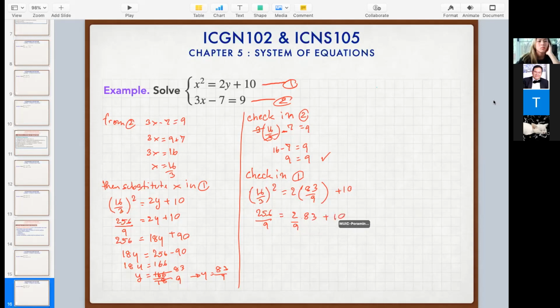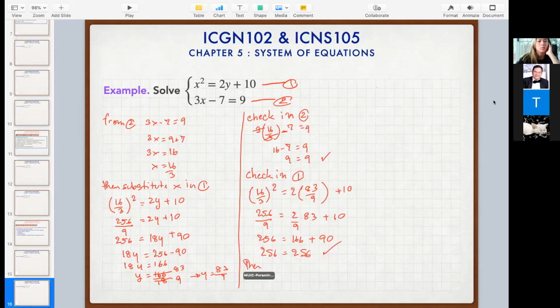Then you multiply 9 on both sides. Then you get 256 equals 256. This is correct too.